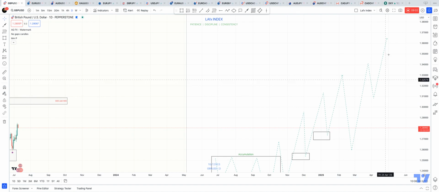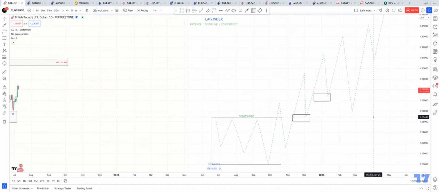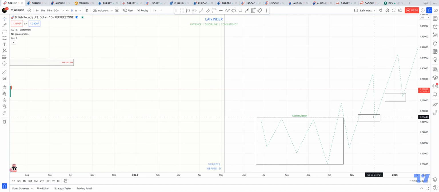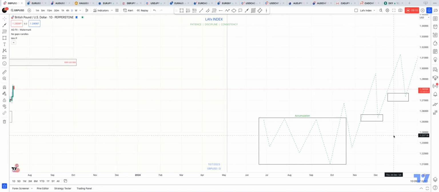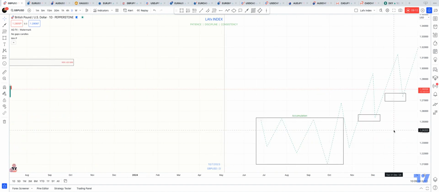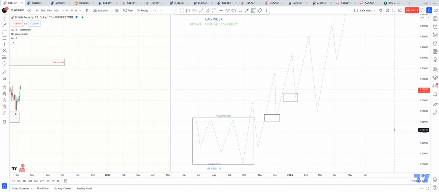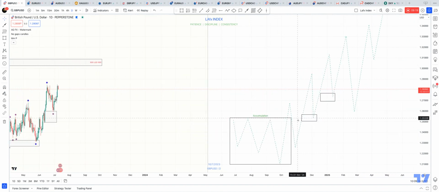And then continue respecting demand until we hit an area of distribution, right? Now, this here is a typical Elliott wave.